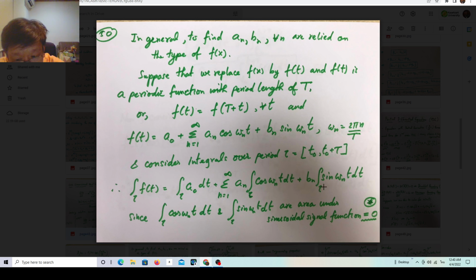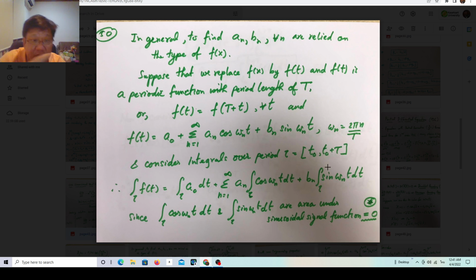Therefore, the integral over the whole period, for any starting point t sub 0, of the sine has to be 0 for all n, and of the cos has to be 0 for all n. So the integral within this summation vanishes if you integrate over the whole period any cos function or any sine function.